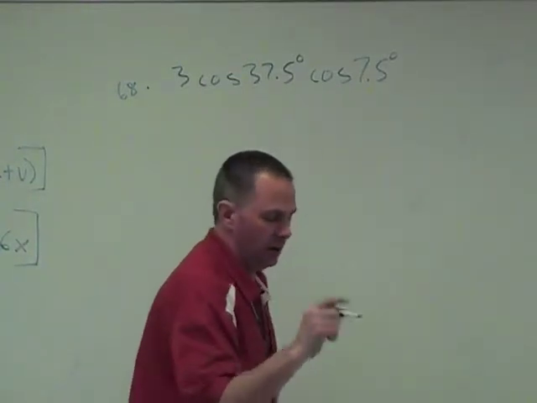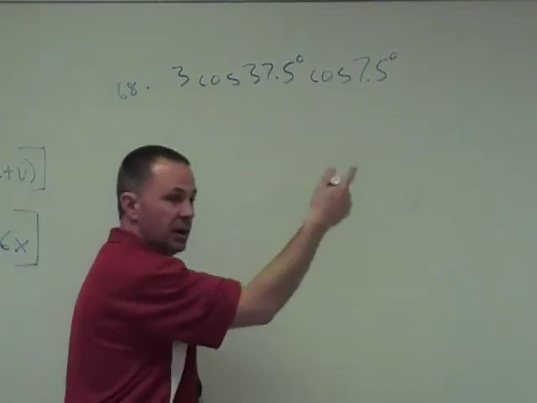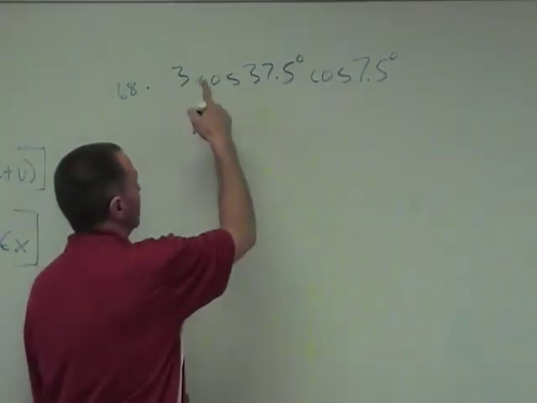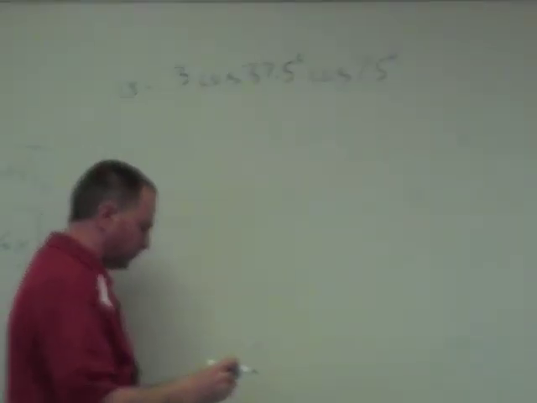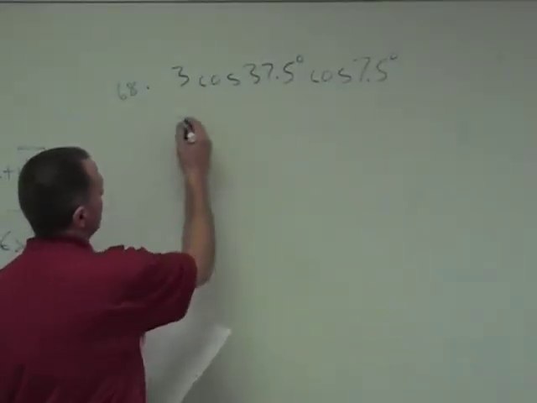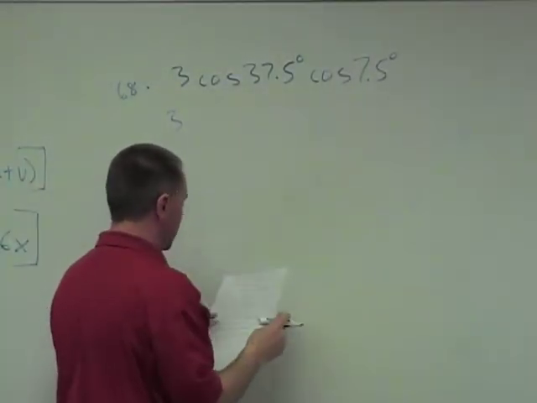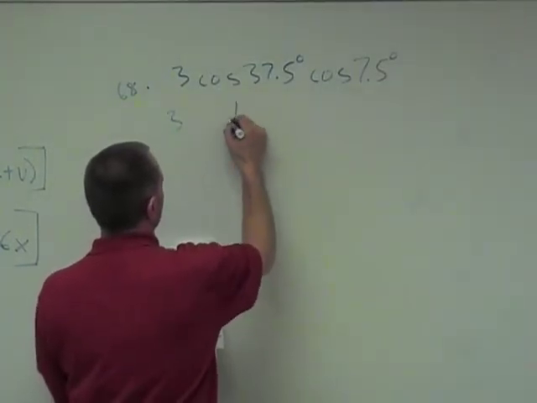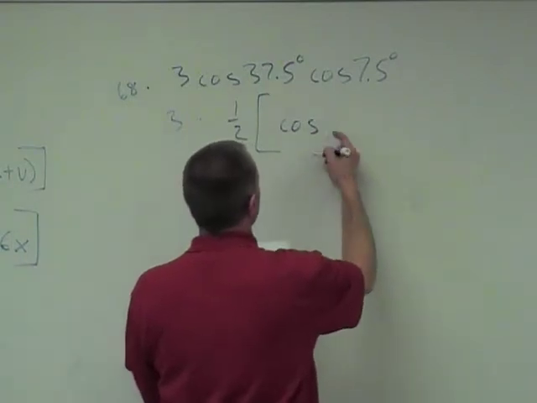Okay? If I want to change this into a sum, which means in this case addition or subtraction, I find the cosine times cosine form that's on here. So it's going to be 3 times whatever this is. Cosine times cosine, that's going to be the third one on your list, is going to be 1/2 times the cosine of u plus v.